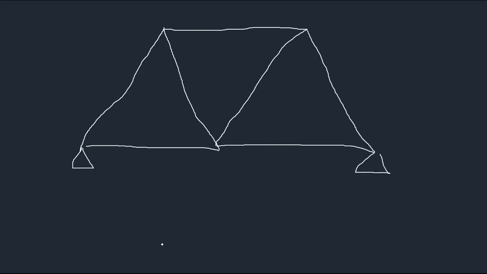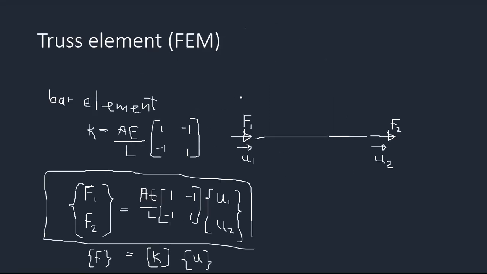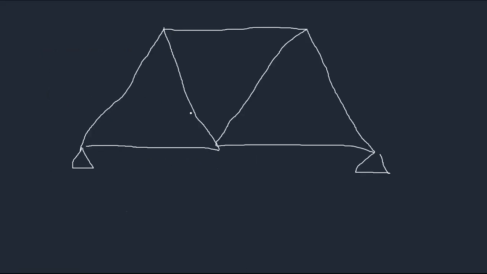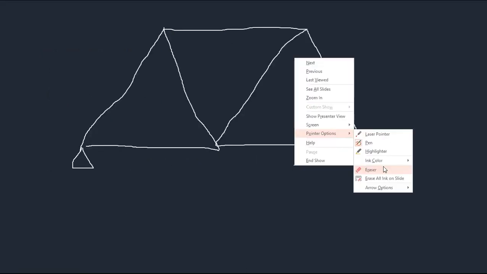Within the bar element, we define our local coordinate system, as well as, in this case, the global coordinate system, right? So if you have something like this, maybe you can draw like this.